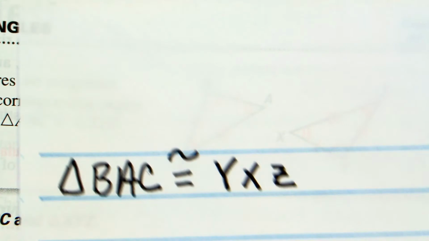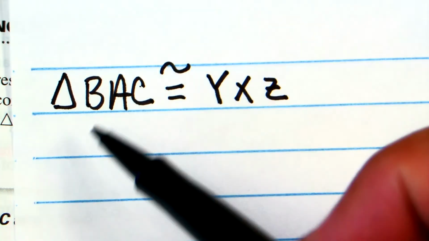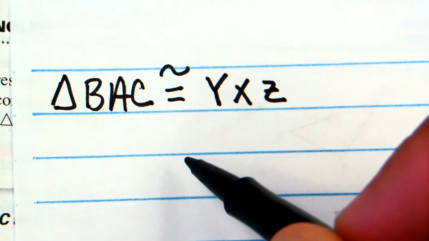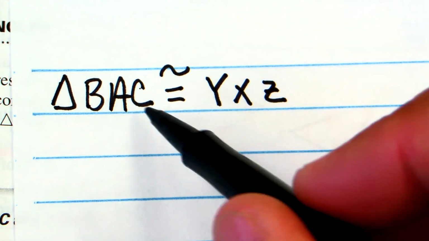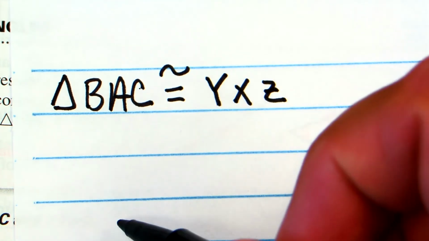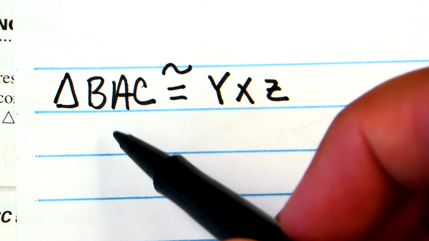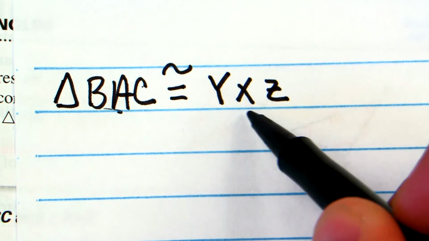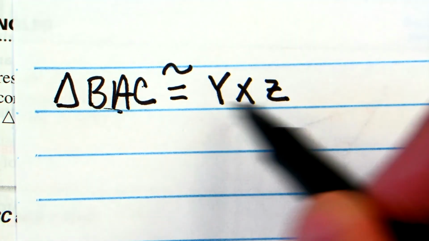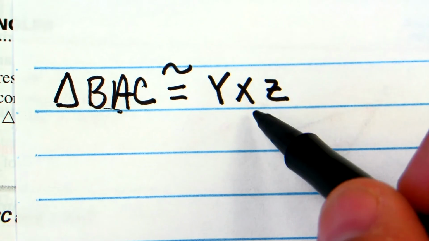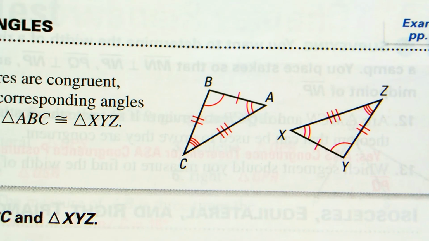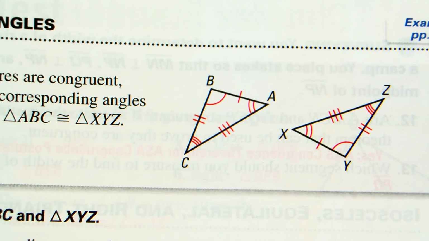The order of this is very important because it lets me know that angle B and angle Y are congruent, angle A, angle X, angle C, and angle Z. Then the line segments that are congruent are the sides BA, YX, AC, XZ, and then BC and YZ. So that comes from 4.2.